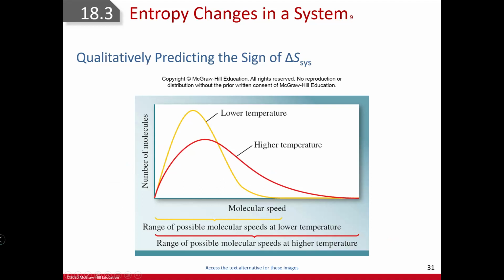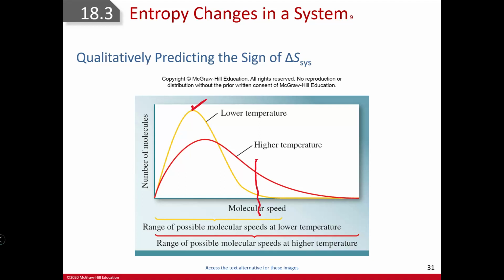So here's what temperature looks like. So I want you to be able to interpret this graph. I think a lot of students make mistakes on this graph when we have it on a national test. They think this is going to have the larger positive entropy because it's a higher peak and we're always looking at peaks. But what you want to look at is, draw a line here.